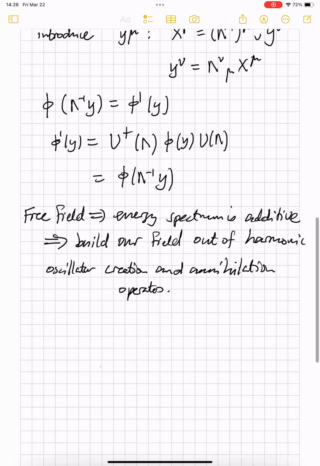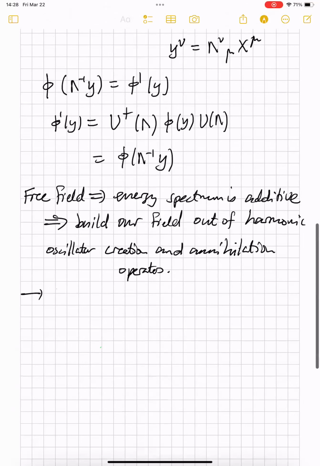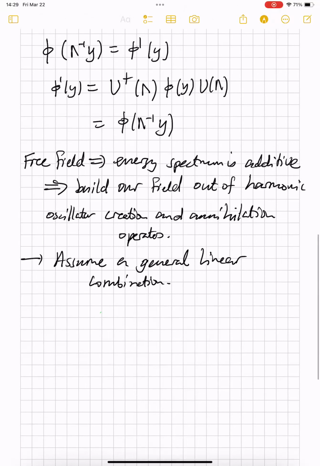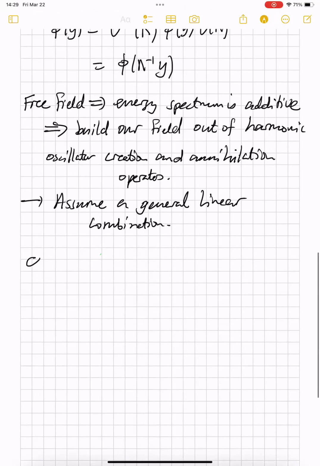Well, let's just assume a general linear combination. So what do I mean by that? Well, let's take our field phi of x to be equal to an integral d3k, our oscillators are labeled by momenta.